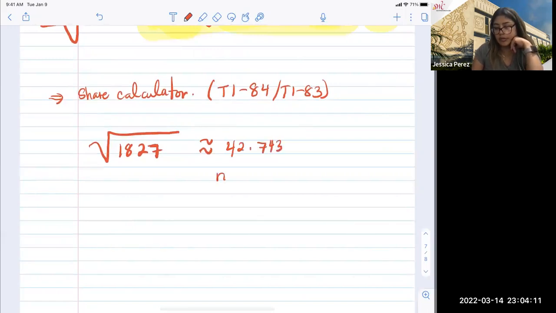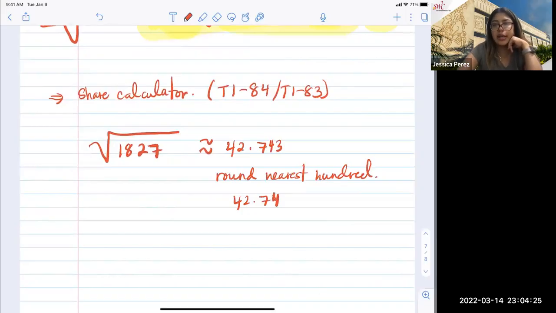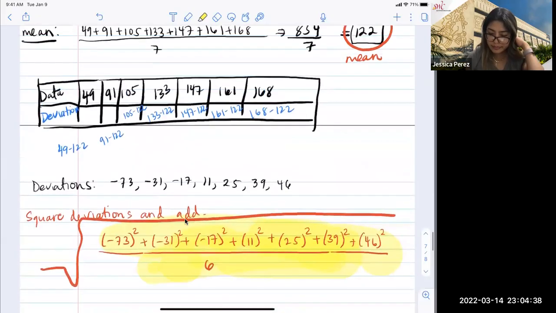We're going to round to the nearest hundredth. And this is 42.74. So then that should be your standard deviation. Notice that is what you have to do for this particular question. That is it.